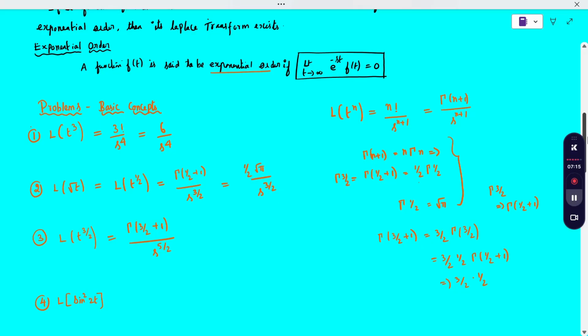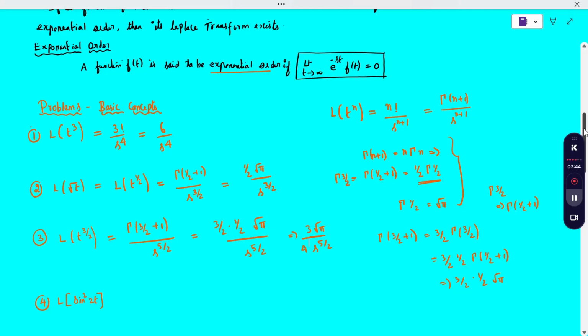Already we have written gamma of half as root pi. So what is our answer? 3 by 2 into 1 by 2 root pi divided by s power 5 by 2. So it is nothing but 3 root pi divided by 4 s power 5 by 2. Simplify and write, or leave it as it is. It's not wrong. So completed.